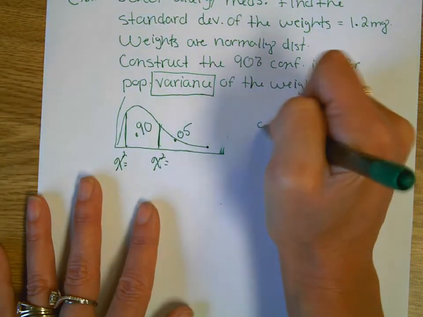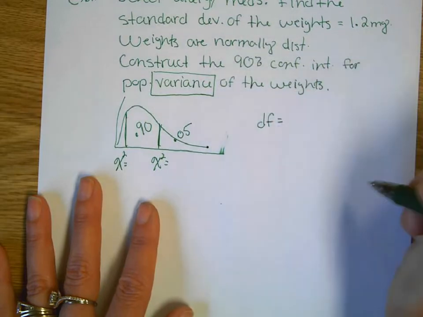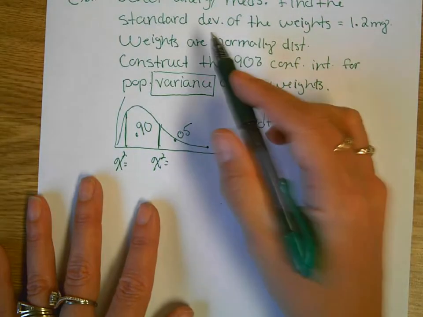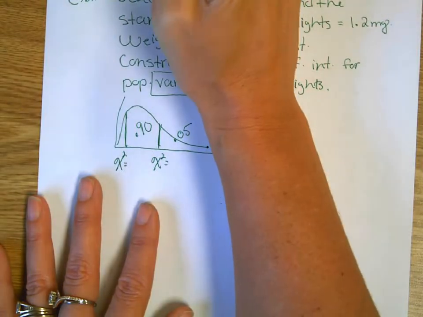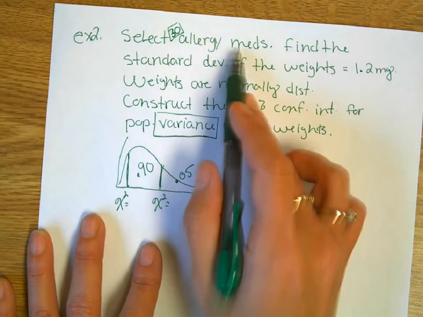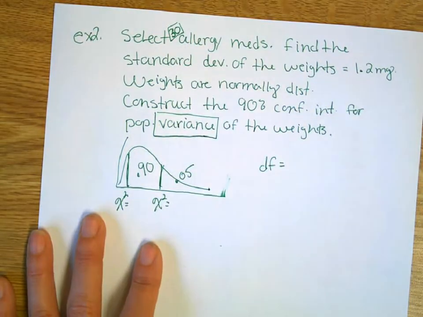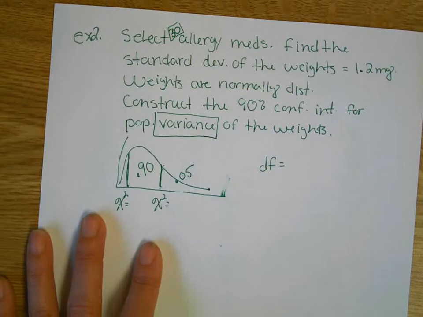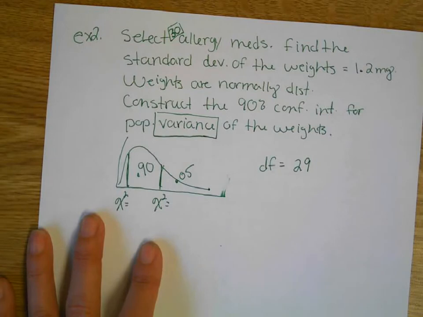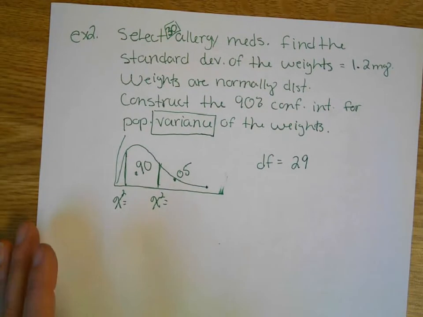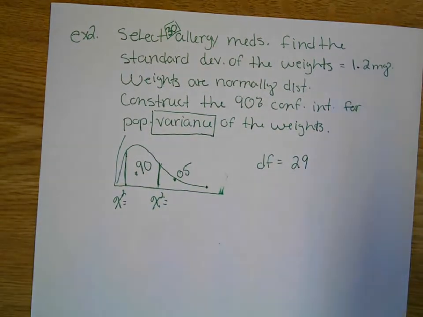Okay, how many degrees of freedom are we going to have for this problem? Oh, I forgot to tell you, 30, missed it. Select 30 allergy meds. So that makes our degrees of freedom what value? 29. Go ahead, you look up the two values, I'll compare, we'll see who's reading their table correctly and who is not.